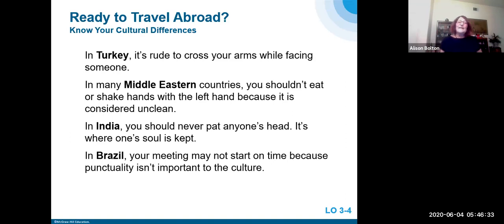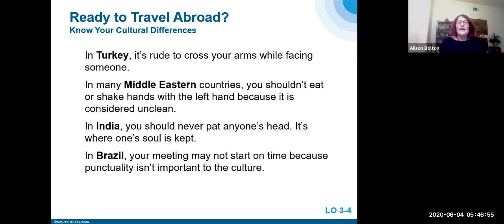So if you're left-handed, think this through. Reach out with your right hand. And if you can't eat right-handed, try your best, or excuse yourself for eating with your right hand instead of your left, and they'll understand.